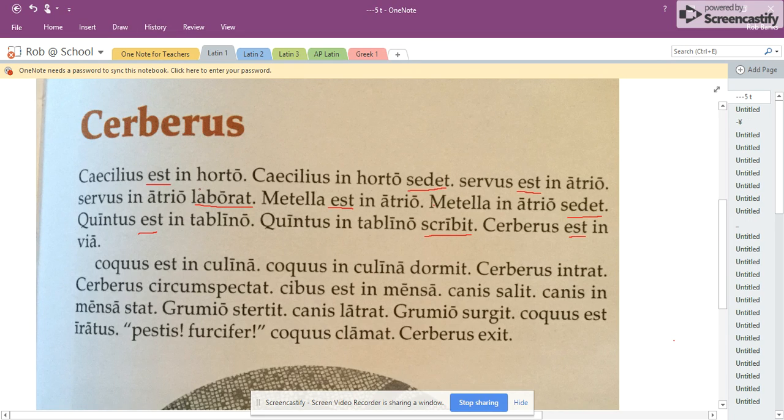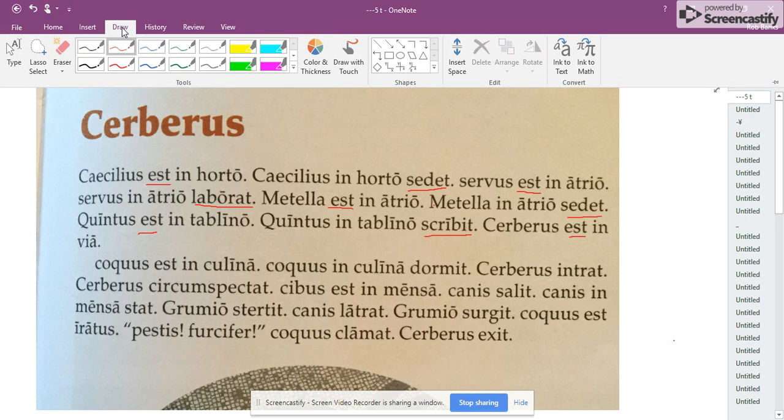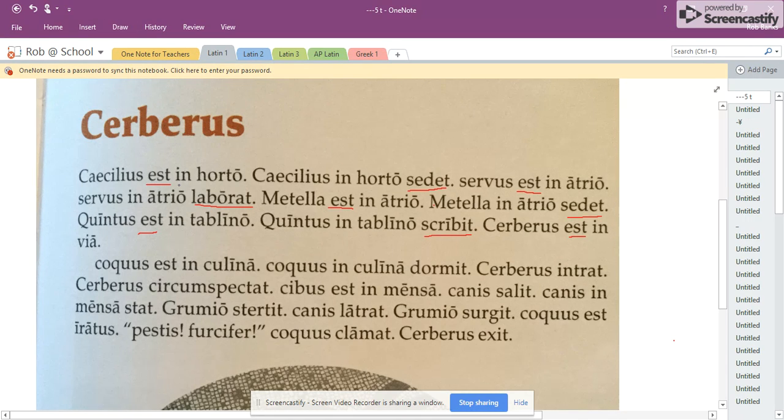Then let's, what else do we have? We have prepositional phrases, right? A preposition is a word that creates a relationship with another word. So in horto, right, it creates a relationship with horto. So in horto is a prepositional phrase. In is a preposition, horto the object. So let's underline these as blue. So in horto, in the garden.